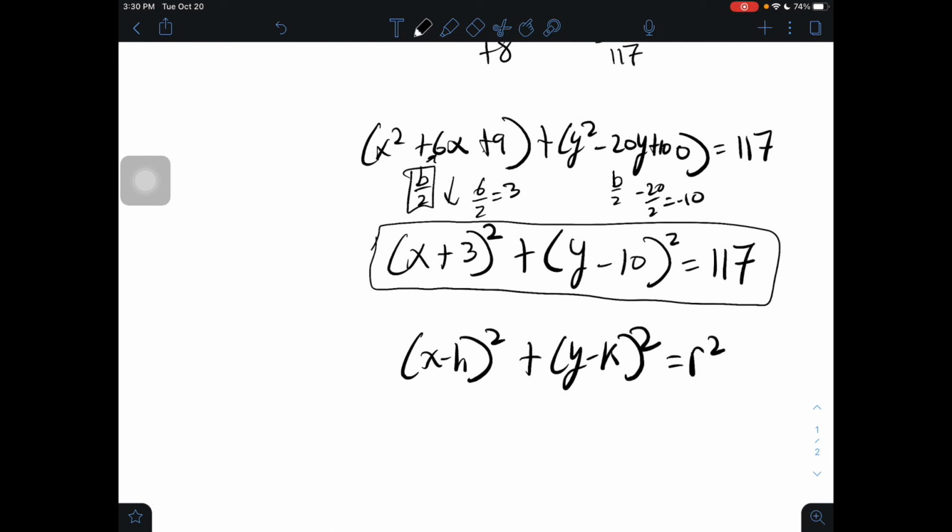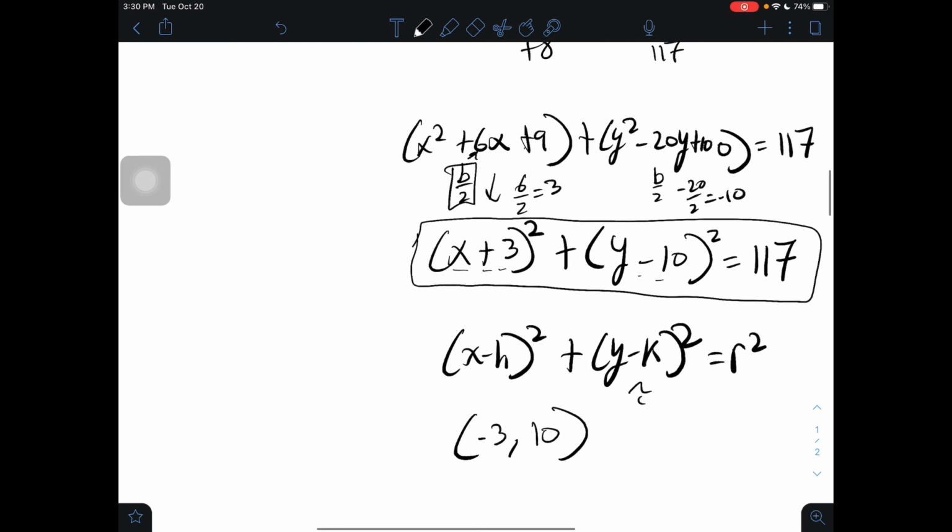Now, x minus h is now x plus 3, so that means our x-coordinate is negative 3 for our center. Then, we are going to get our y value, and since it's minus 10, that means it's positive 10. The way I got this is if it's x minus h, that means it's our negative h.